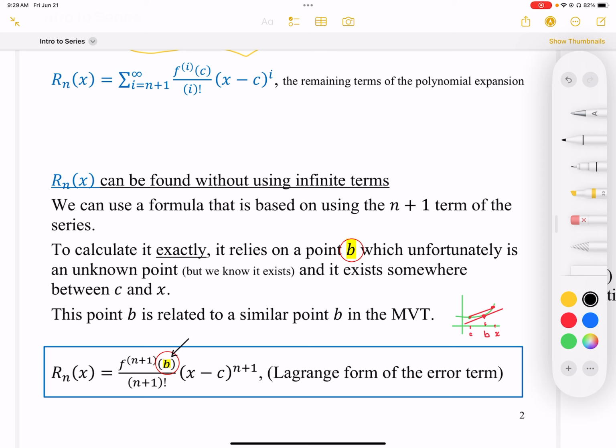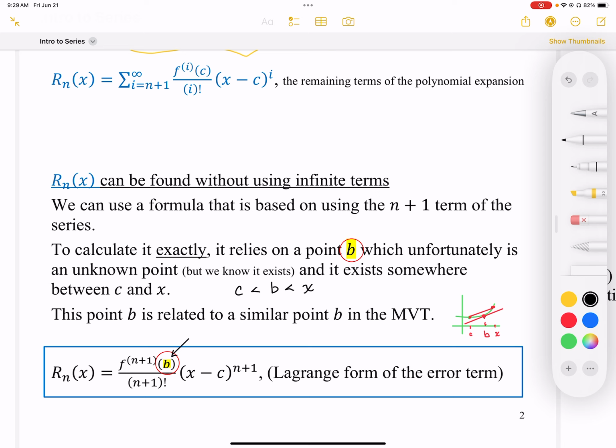Now, unfortunately, that point b is a theoretical point. It's not theoretical in that it doesn't exist, but we can't necessarily find that point. But we know that point b is somewhere between the center c and the point that we're approximating, and since we can bound b, we can actually bound our error based on that.